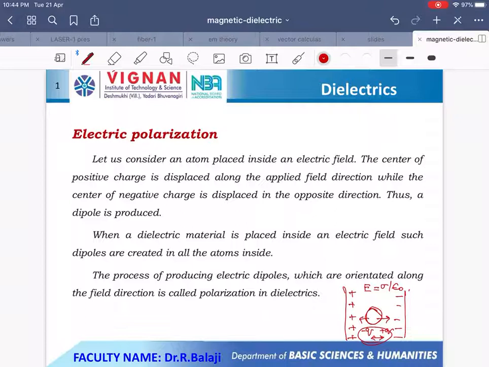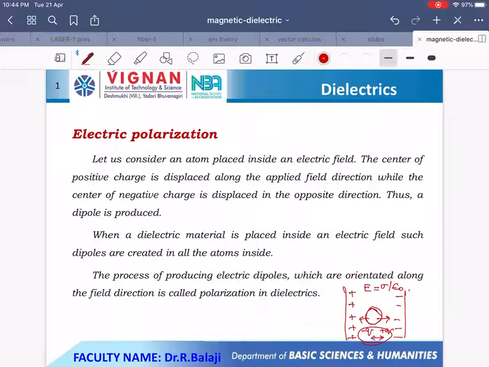The center of gravity of negative charges is moving towards the positive side, and the center of gravity of positive charge carriers is moving towards the negative side. In between these two charges there is a separation, and that separation value depends upon the applied field also. Whenever the two charges are separated by a fixed distance, the dipole moment exists.